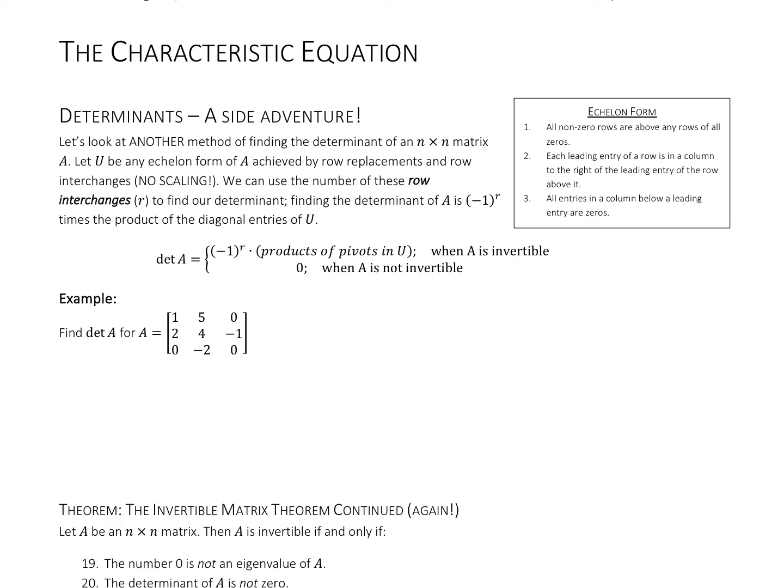If I do my row operations until I can get to a triangular matrix, I can follow those row operations to backtrack what my determinant might be.